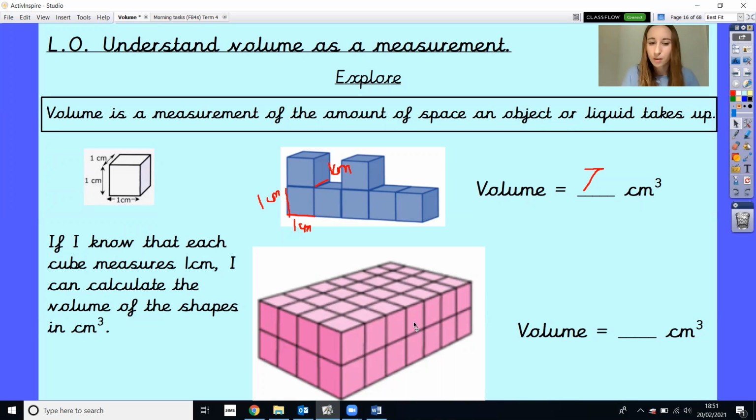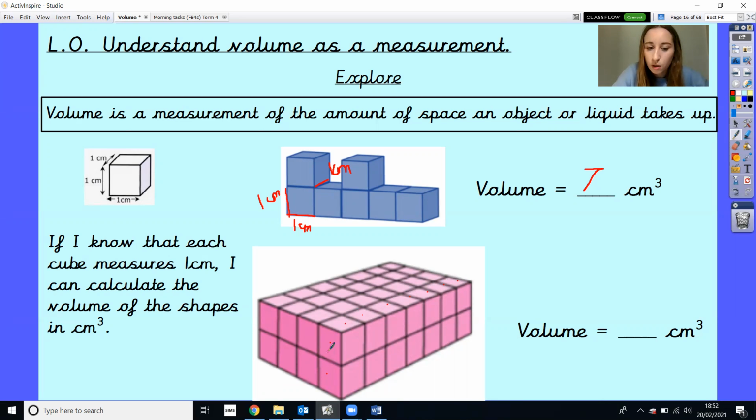So what I'm going to do is think about how many rows of cubes there are and use my multiplication skills to help me. So I can see that this shape is 2 cubes high. Okay, it's 2 centimetres cubed high. I can also see that it is 1, 2, 3, 4, 5, 6, 7 rows of cubes deep or wide, whichever way you want to think about it, okay?